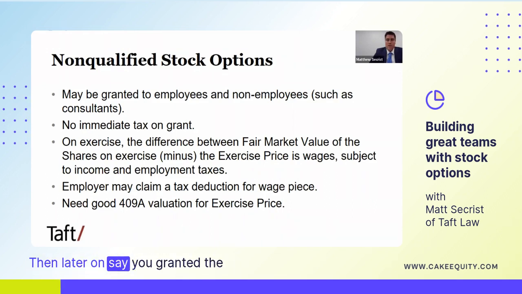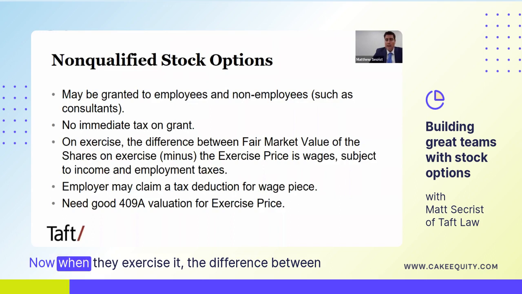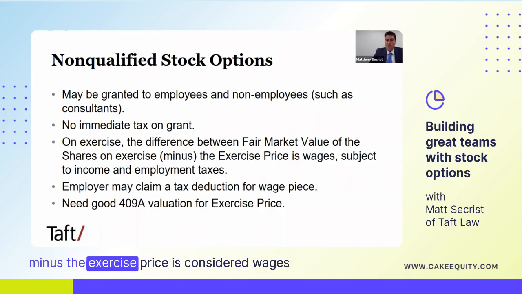Then later on, say you granted the option for an exercise price of $5. You met all your vesting criteria, it's exercisable, now that stock is worth $10. That employee can exercise that option and pay $5 and receive shares that are worth $10. Now, when they exercise it, the difference between the fair market value on the date of exercise minus the exercise price is considered wages.